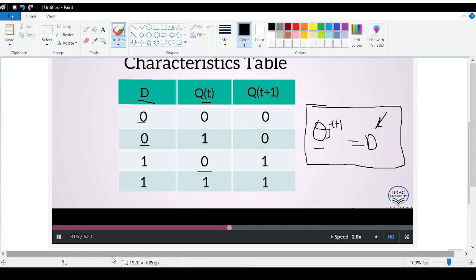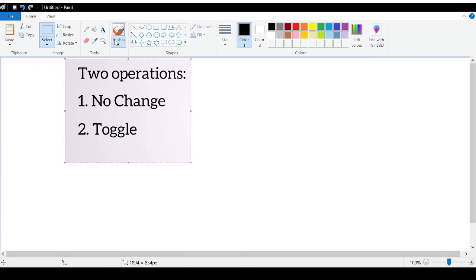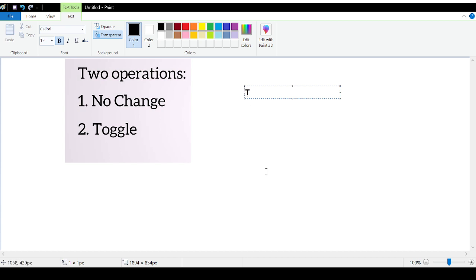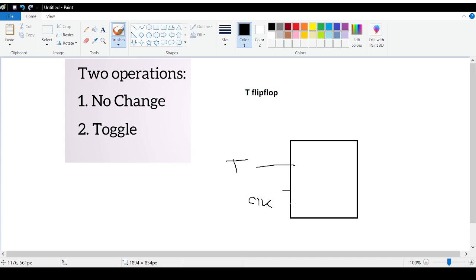Again, my T flip-flop has only one input, so it will have T, and also remember that the clock pulse is always there in my flip-flop, and it will have one output Q. So T flip-flop has only two operations, that is no change and toggle.